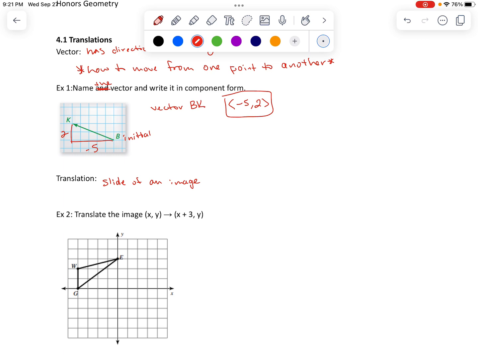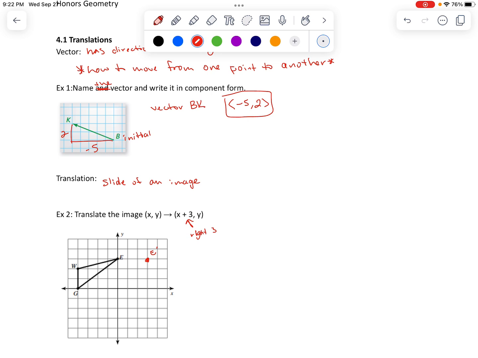So what I'm doing is I'm moving those coordinates to the right 3. I don't have anything with that y, so I don't have to move it left or right, or up or down.